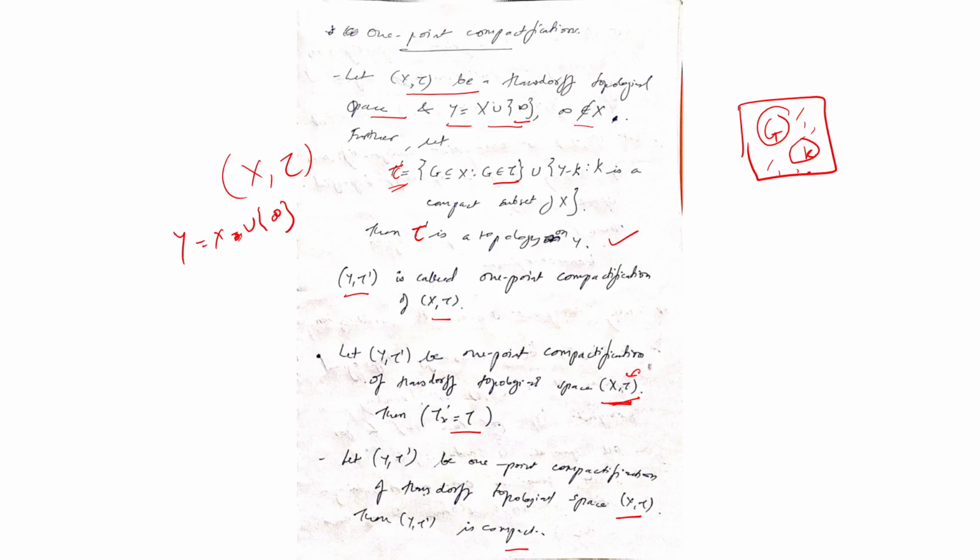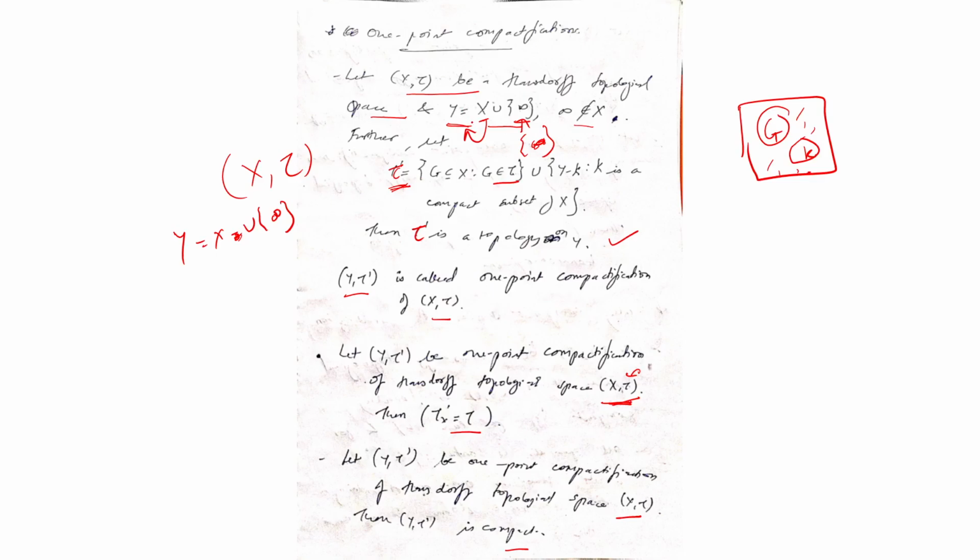Here you can see X, tau is a Hausdorff space and we have formed a space Y by X union infinity, where infinity does not belong to X. Further, we have defined a topology tau dash on Y. In this way we have extended space X to Y by adding one point, infinity, and we have formed a topology on that.